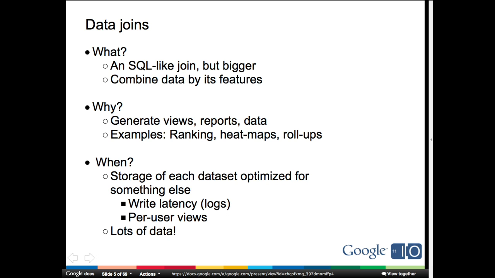Since you know what you want to do and why, when do you want to do it? You need to do a join when the data sources are mismatched for what you're trying to accomplish. Each data set that you're trying to analyze or join is optimized for something else. Logging is optimized for write latency. And, especially with a high replication datastore, a lot of things are optimized for per-user views, not global views.